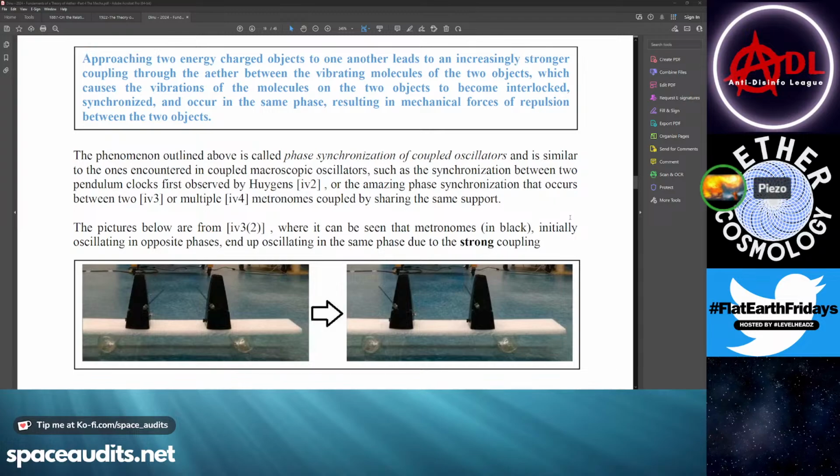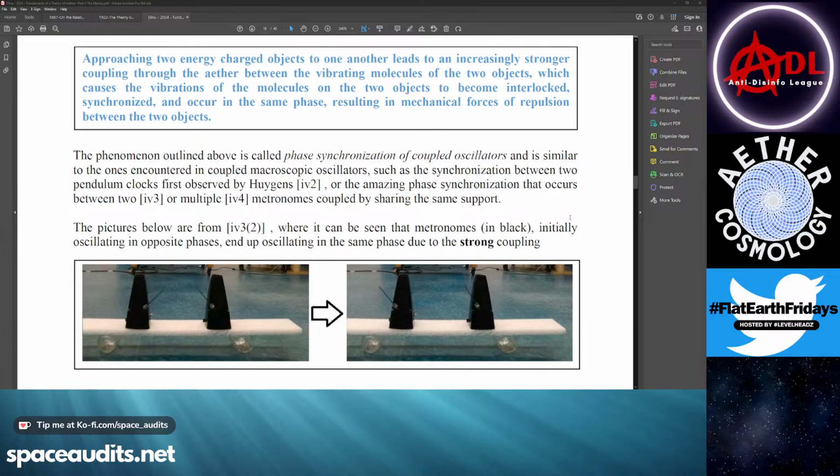The phenomenon outlined above is called phase synchronization of coupled oscillators and is similar to the ones encountered in coupled macroscopic oscillators, such as the synchronization between two pendulum clocks first observed by Huygens, or the amazing phase synchronization that occurs between two or multiple metronomes coupled by sharing the same support.